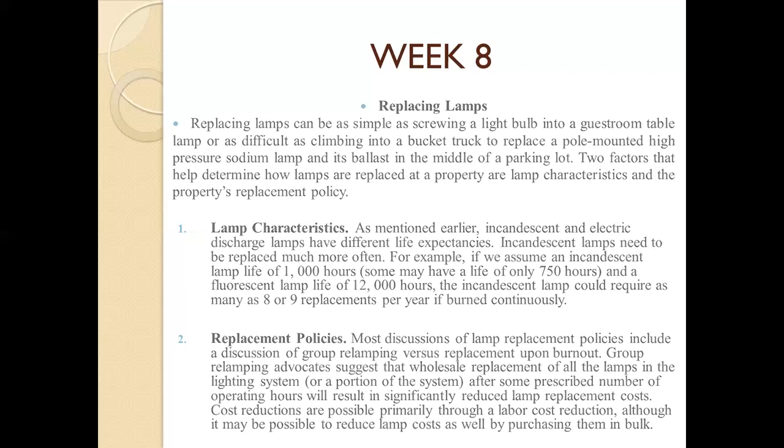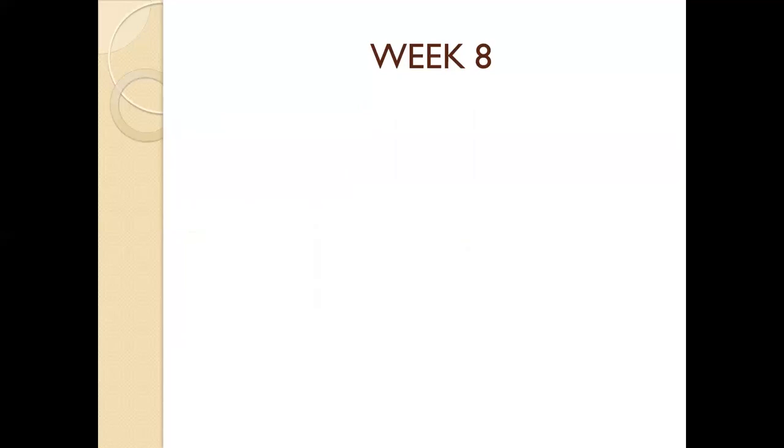So basically, how maintenance affects light output. The combined effects of housekeeping practices, lamp characteristics, and replacement policies on a lighting system's output can be significant. One lamp supplier has produced a diagram, so kindly look at your handouts or PDF files.